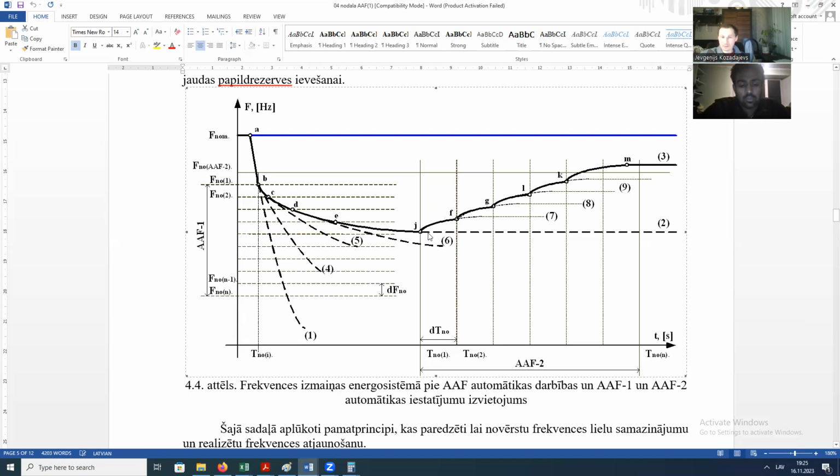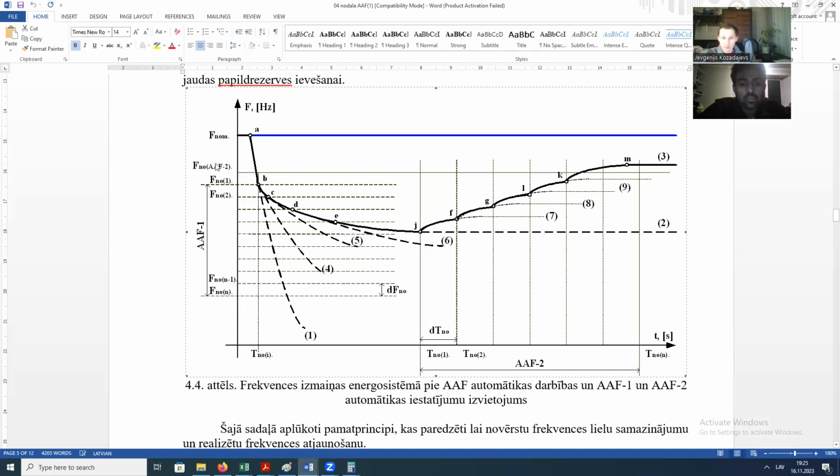So let the frequency load automation continue its work, to continue to disconnect consumers, to make an over generation, to increase the power, the frequency to the nominal.